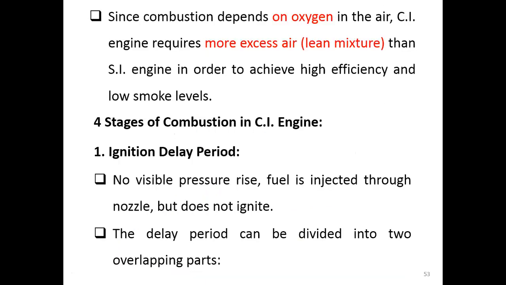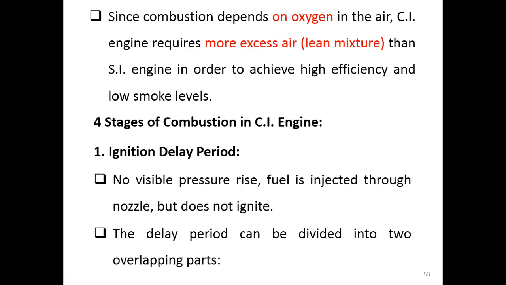Since the combustion depends on the oxygen in the air, the CI engine will require more excess air, or a leaner mixture, than the SI engine in order to achieve high efficiency and a low smoke level.